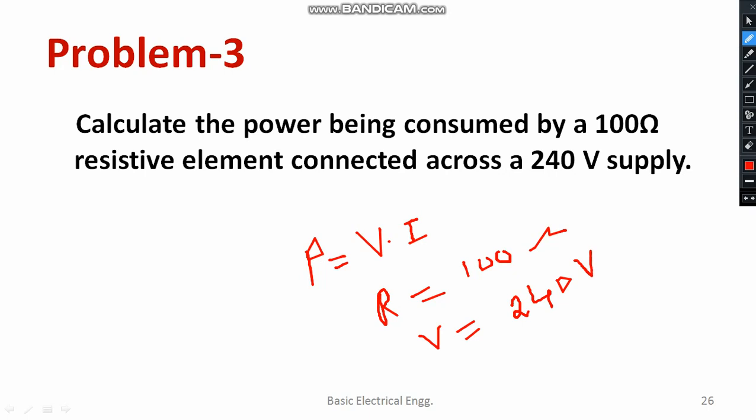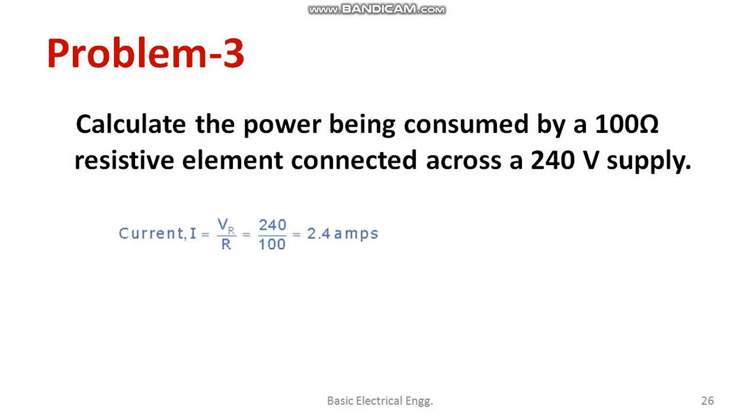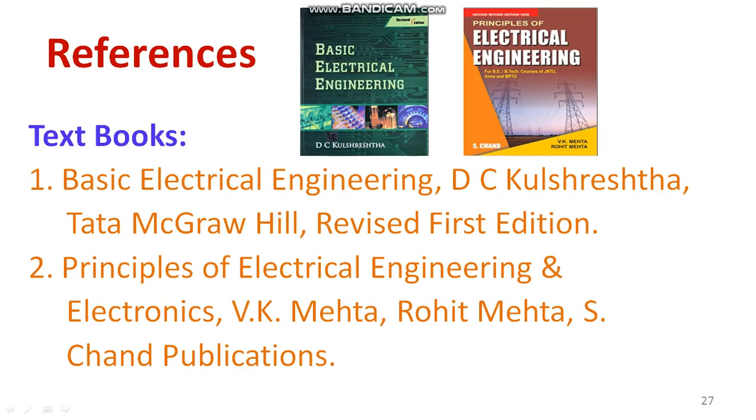First you calculate the current. I is equal to V by R, which is 2.4 amps. Then power is equal to I square R, and that is equal to 576 watts.